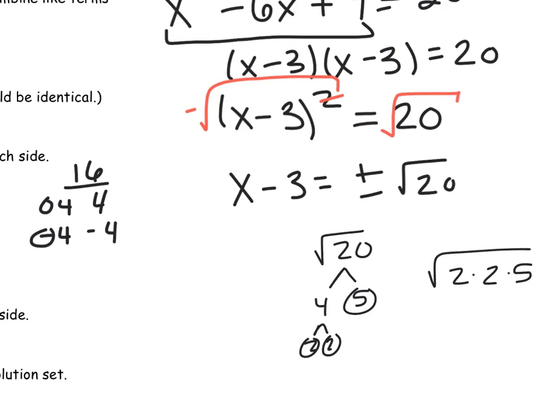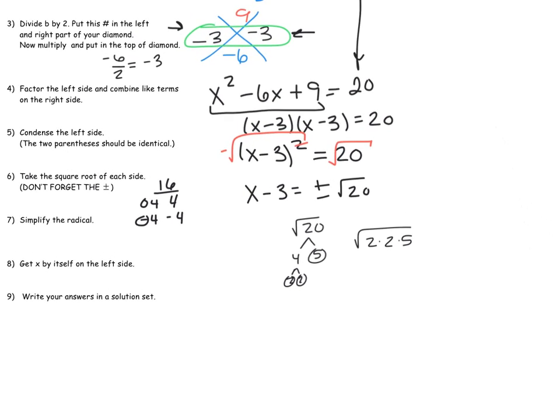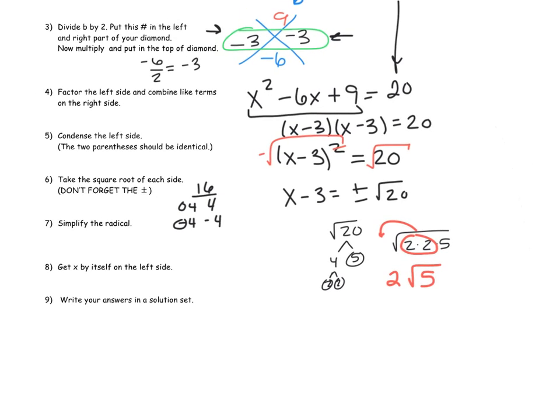Okay? So I get 2 times 2 times 5. Double on the inside, single on the outside. So I circle my 2's. They go on the outside. And I get 2 radical 5. So my equation is x minus 3 equals plus or minus 2 radical 5.